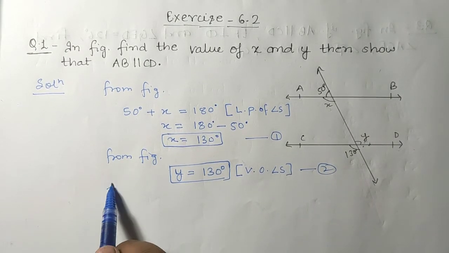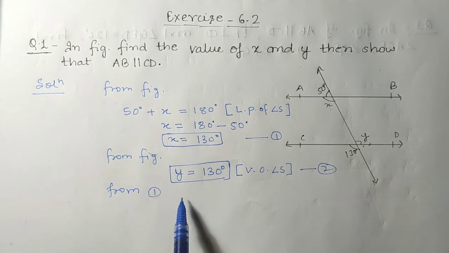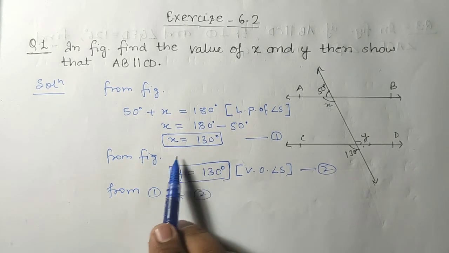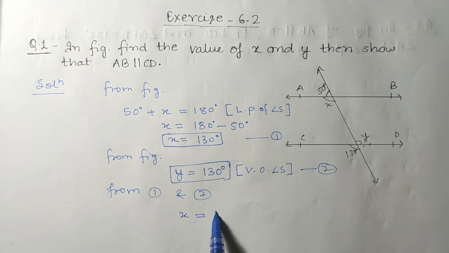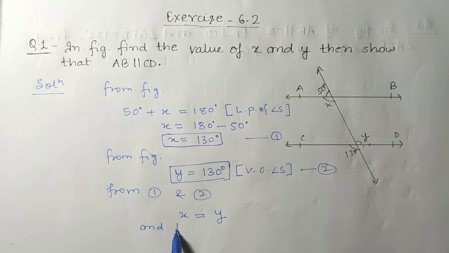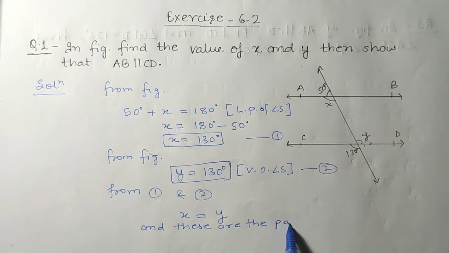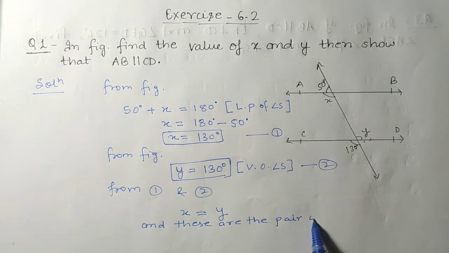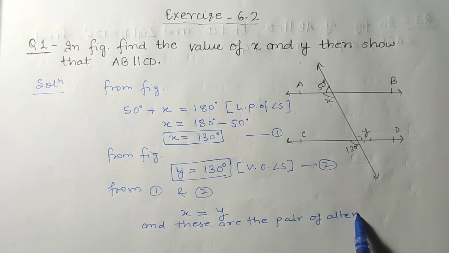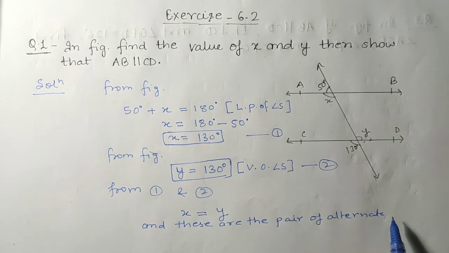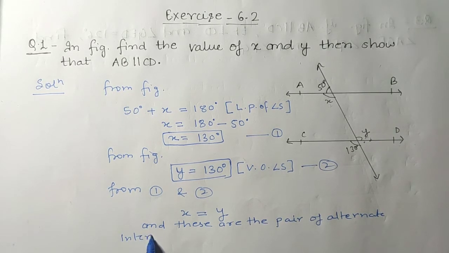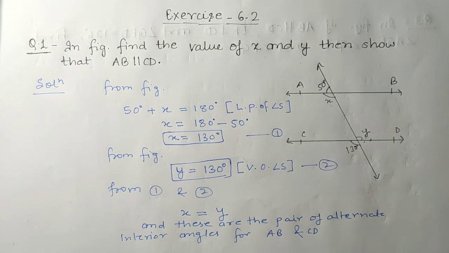So we can say from 1 and 2, both are equal to 130 degree, so x is equal to y, and these are a pair of alternate interior angles for AB and CD.